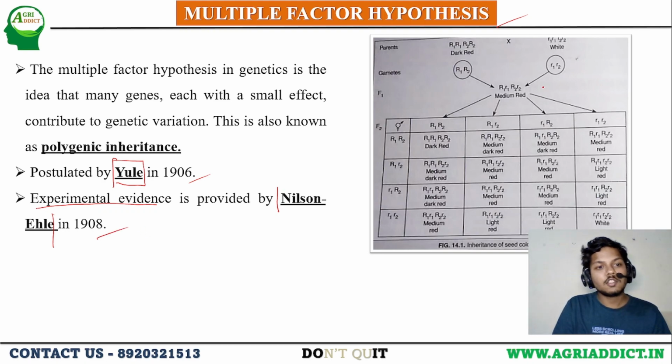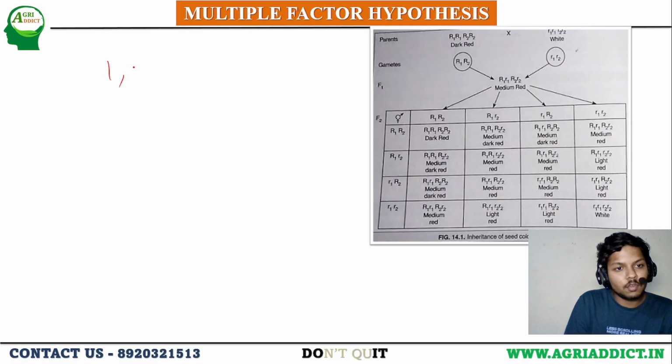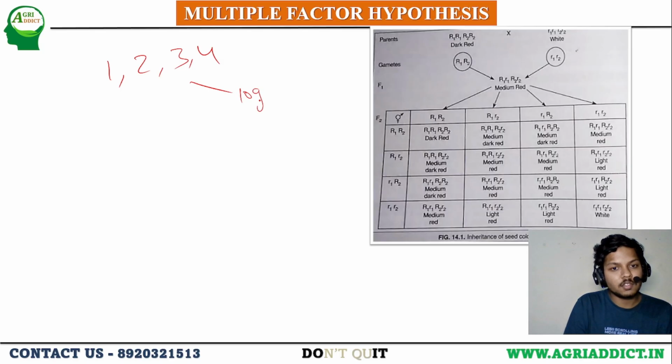So what is the multiple factor hypothesis? It means, let us assume there are 4 genes, 1, 2, 3, 4. These will control the character. Like, let us assume weight, 10 grams of the seed.